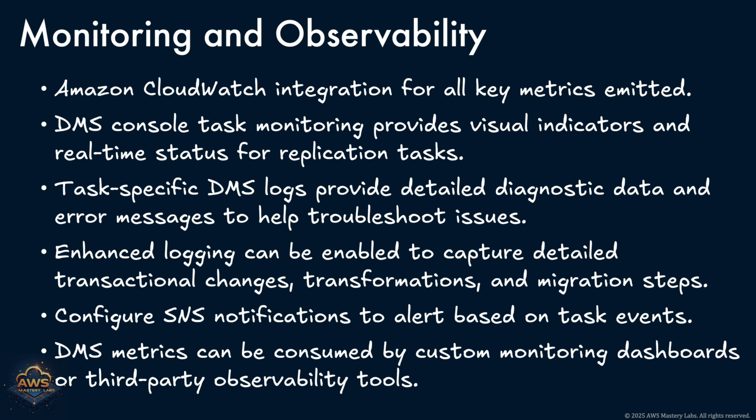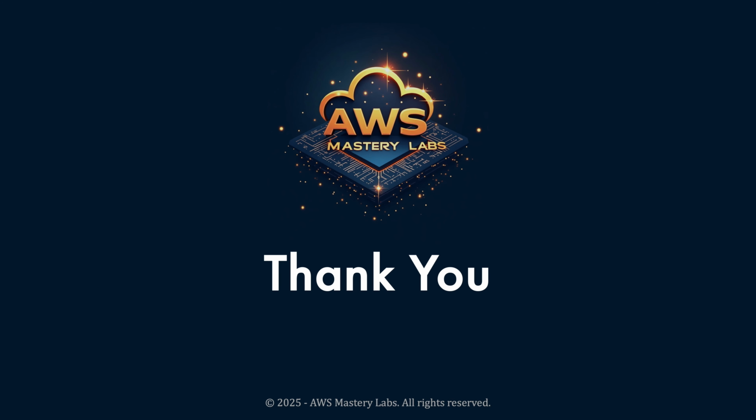And with event subscriptions, you can proactively respond to specific task or instance events without constantly watching the console. Finally, DMS metrics are also compatible with third-party monitoring solutions and custom dashboards, allowing you to embed migration visibility into your broader observability framework.